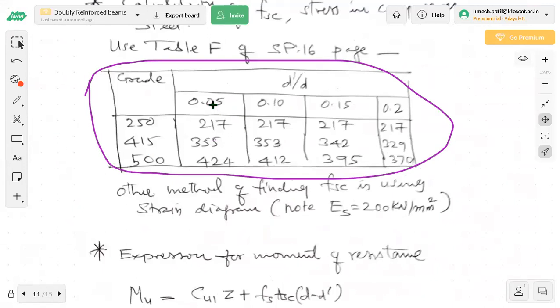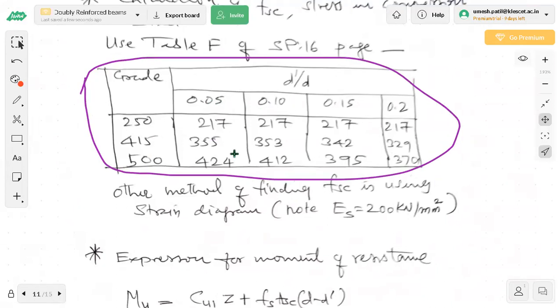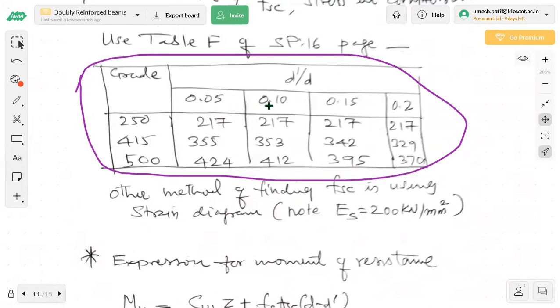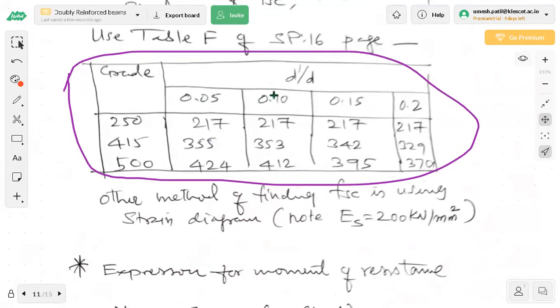For FE415, after 0.05 directly 0.1 is there. The value 0.087 is more than 0.05 and less than 0.1. If this is the case, always go to the next higher number, which is 0.1. Now I will take it as 0.1 for FE415.